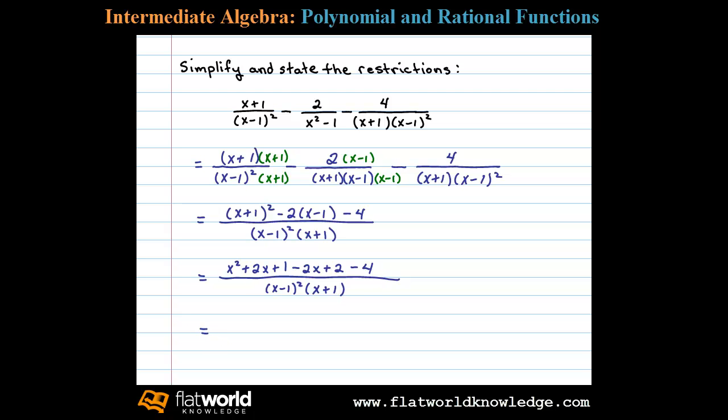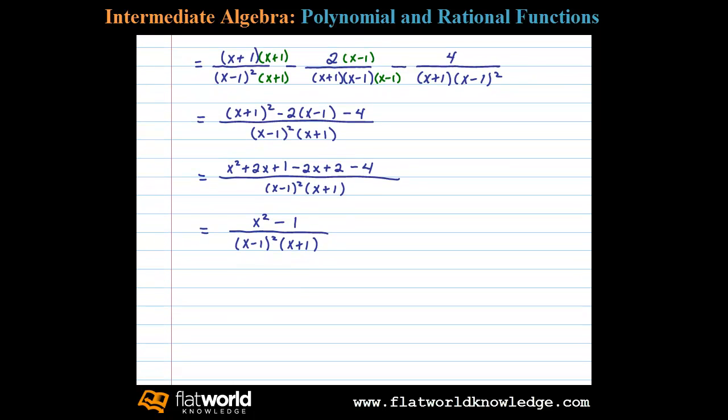Simplifying further, we're left with x squared; 2x and minus 2x add to 0. 1 plus 2 is 3, minus 4 leaves us with x squared minus 1, which we recognize again as a difference of squares.